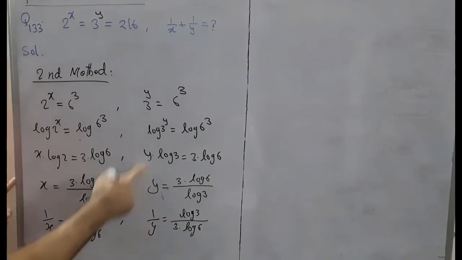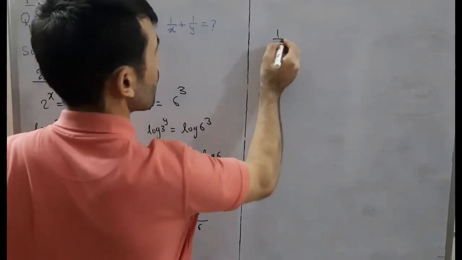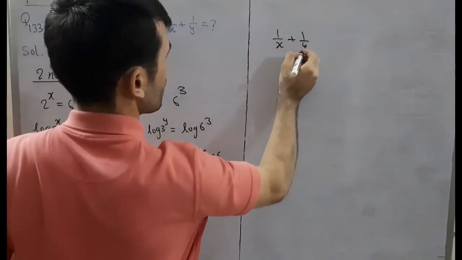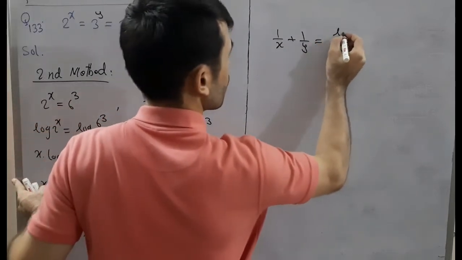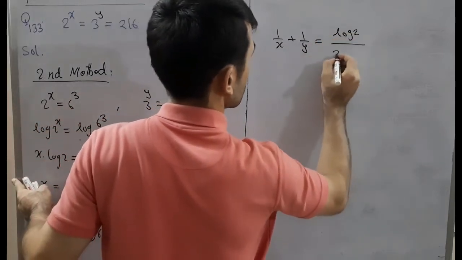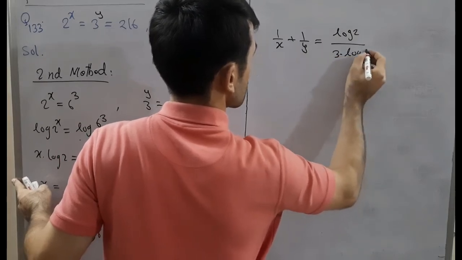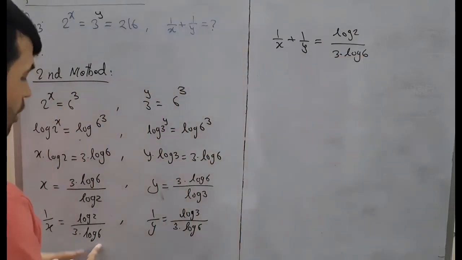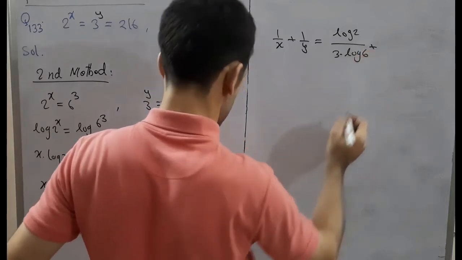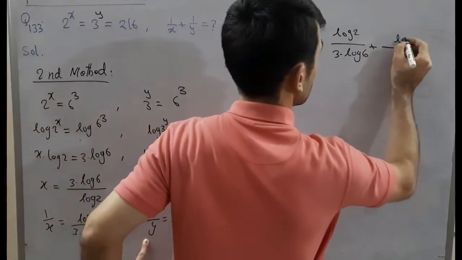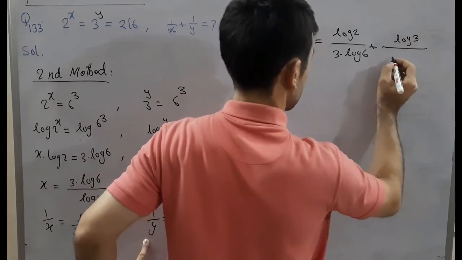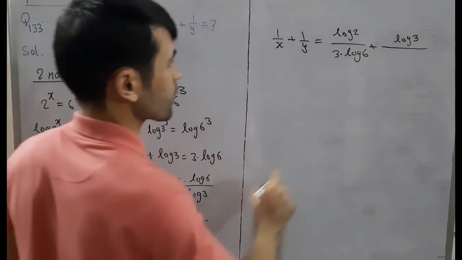We add both sides: 1 over x plus 1 over y is equal to log 2 over 3 into log 6 plus log 3 over 3 into log 6.